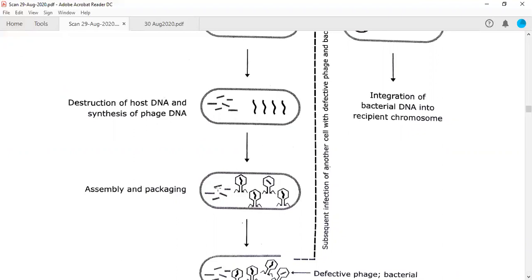By mistake, one of the fragments, which is actually the bacterial genome, will come inside the head of one of these bacteriophages, because they are assembling in large numbers inside the bacterial cell. So by mistake or by chance, some of the fragments of the bacterial chromosome can come in and be packed inside these bacteriophages.